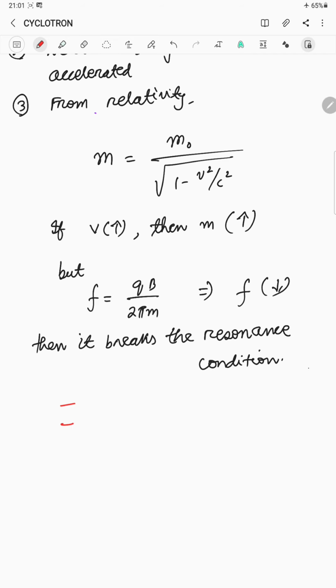The second is the frequency for switching the polarities of the d's, which is done by the oscillator. When both frequencies match, everything is okay. But if the frequency of the particle decreases, it will not be equal to the frequency of changing the polarities of the d's, so it breaks the resonance condition.